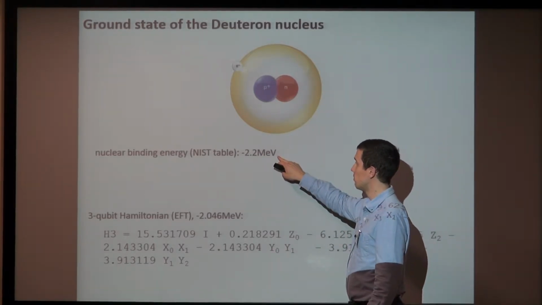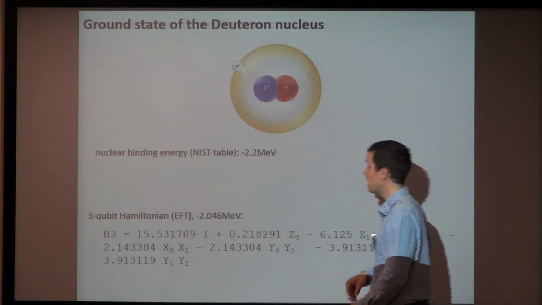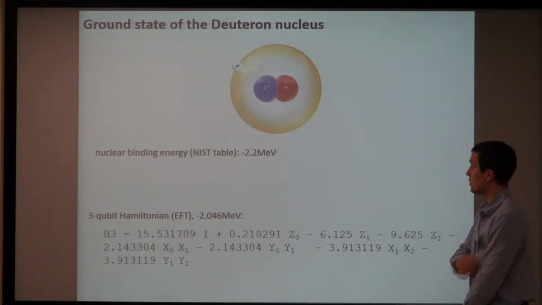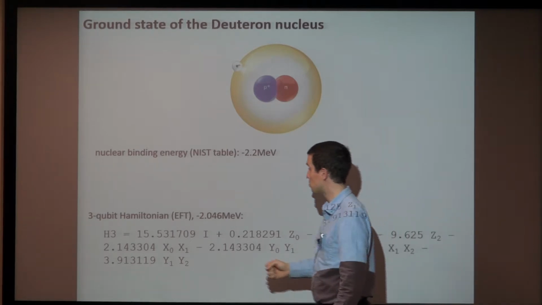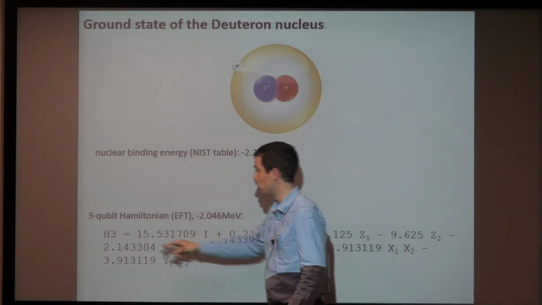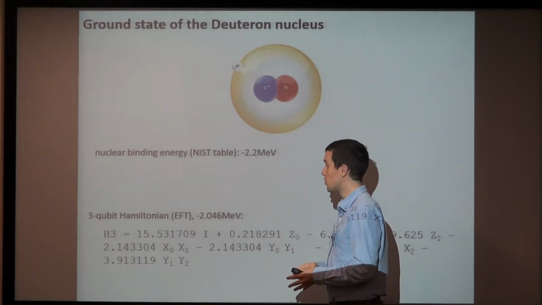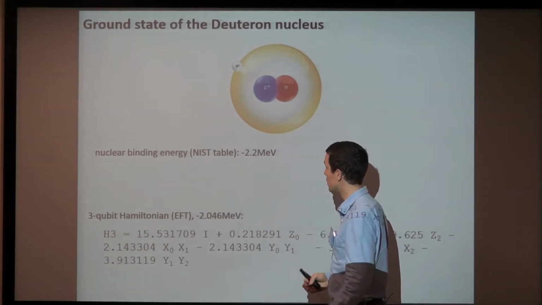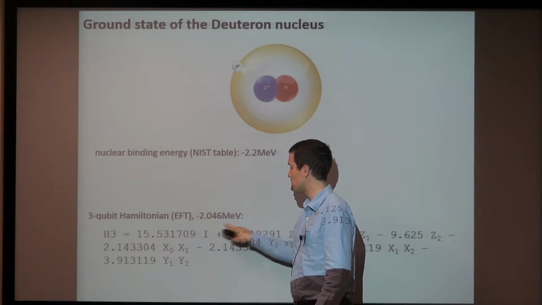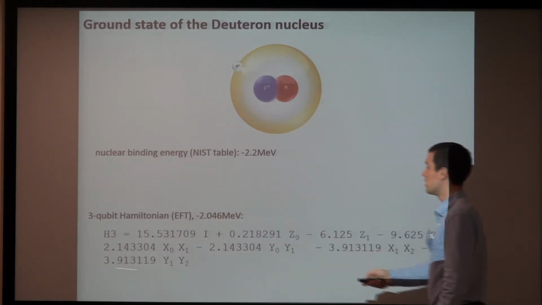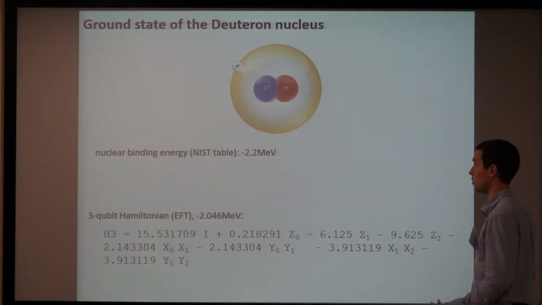The official value for this is minus 2.2 MeV. Using an effective field theory, you can map this problem to a number of qubits. If you use 3 qubits, you obviously lose some granularity or precision in the problem, and theoretically you should be able to find this number by using this simplified 3-qubit Hamiltonian.